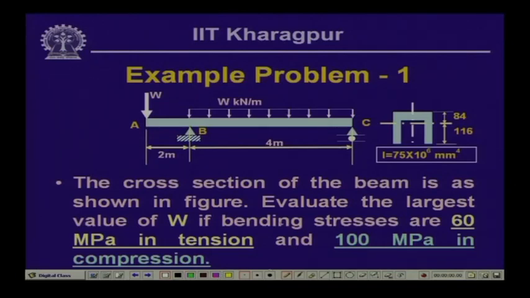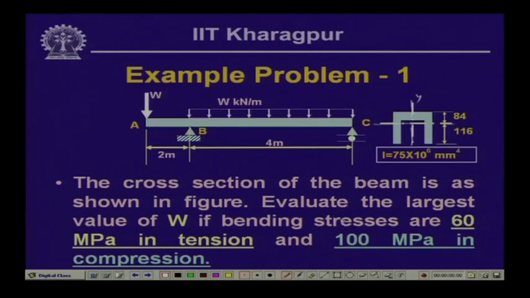Now, this is the example which I had given to you last time, where the cross section of the beam is like an inverted U. This particular section is symmetrical with respect to the y axis, but it is unsymmetrical with respect to the horizontal axis.